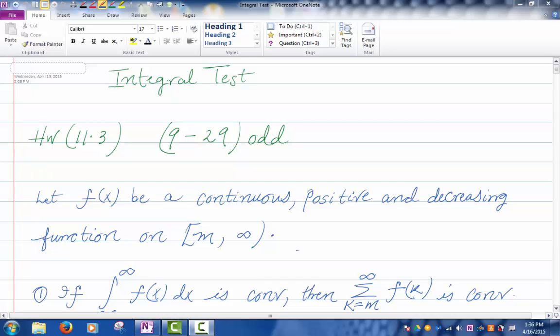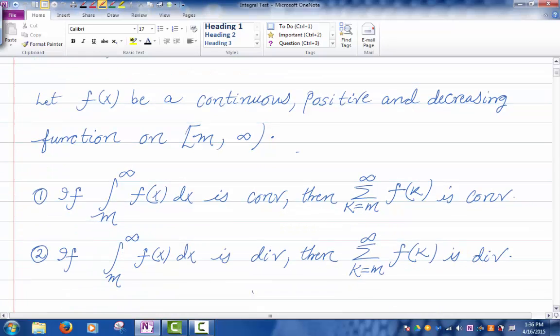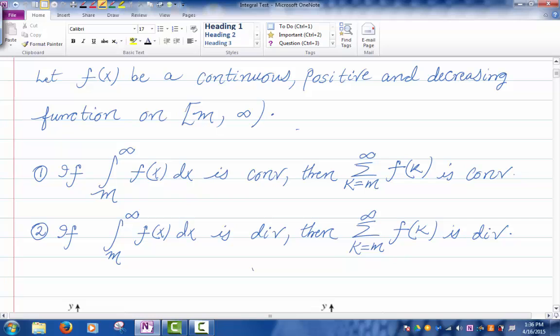So what's the integral test? Well, let f of x be a continuous, positive, and decreasing function on the interval from m to infinity, where for simplicity I'm assuming m is an integer.